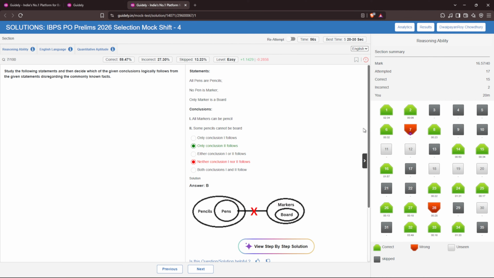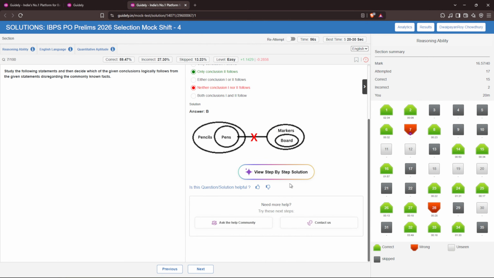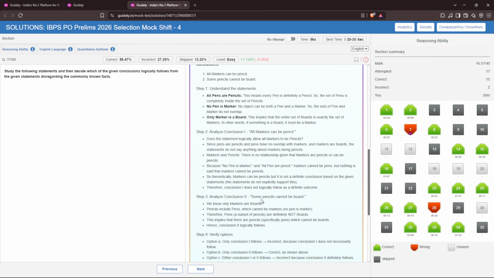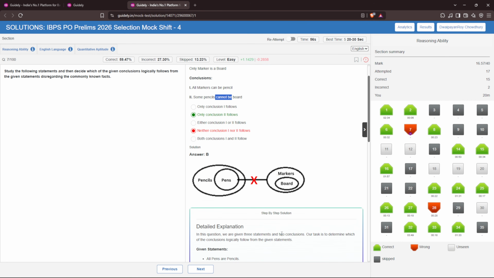So, okay, some can, some cannot. So cannot means absolute possibility or what? Cannot be. I mean, if they're using can, they should have used are.